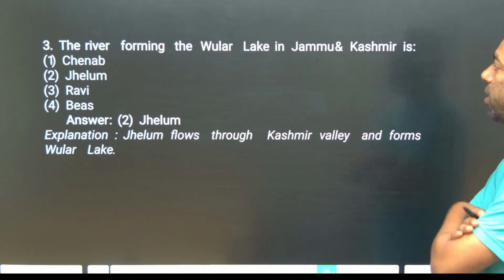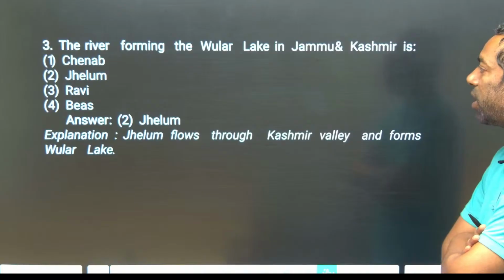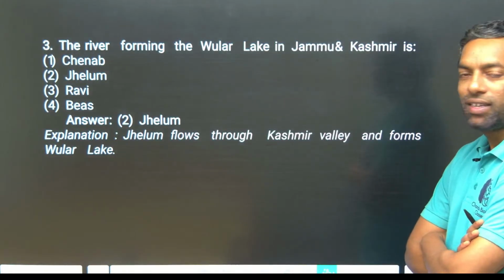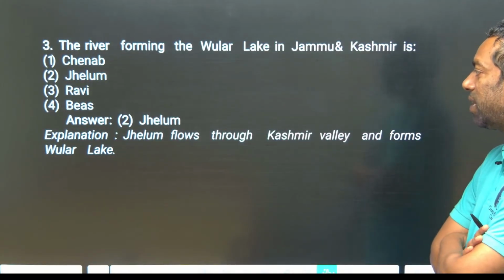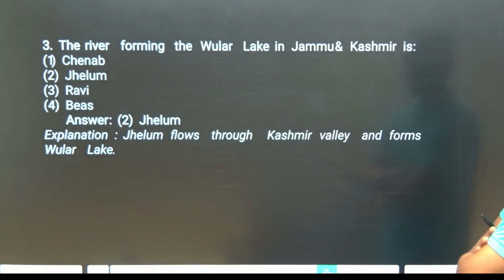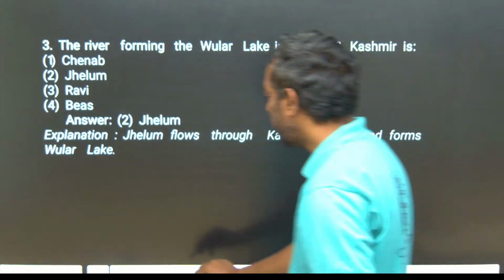The river forming the Wular Lake in Jammu and Kashmir is Jhelum. Obviously, Jhelum flows through the Kashmir Valley and forms Wular Lake. Wular Lake is an Oxbow Lake.